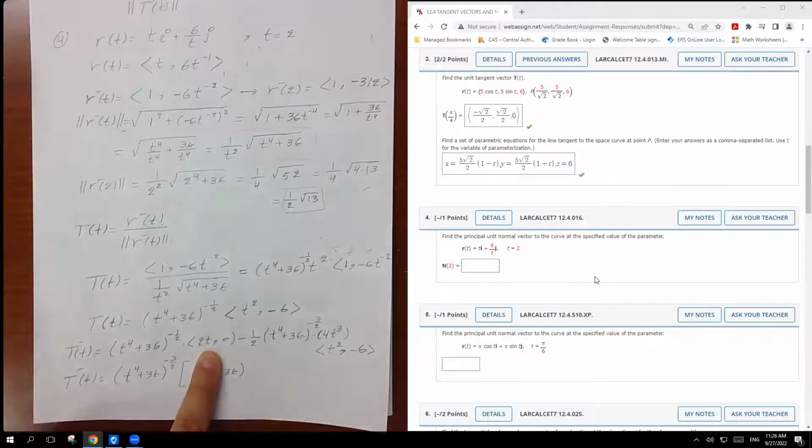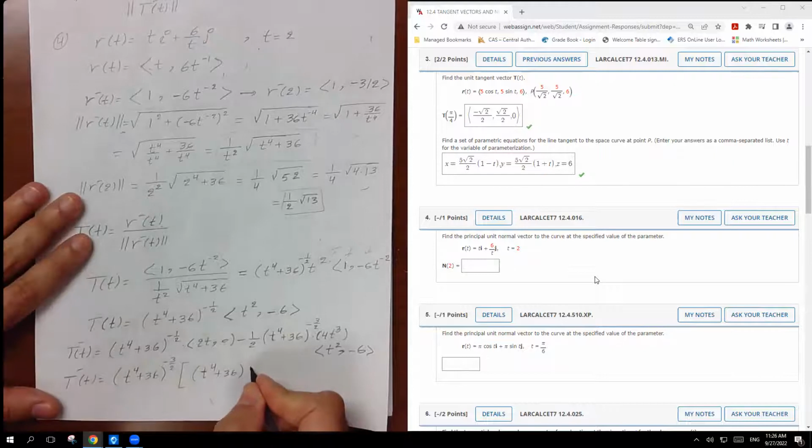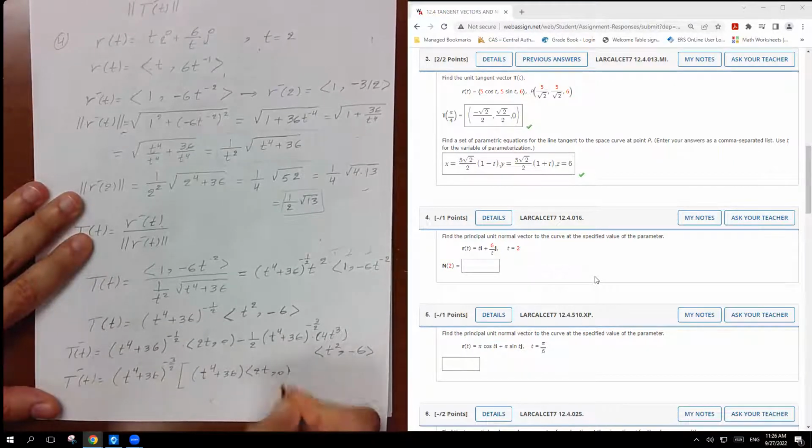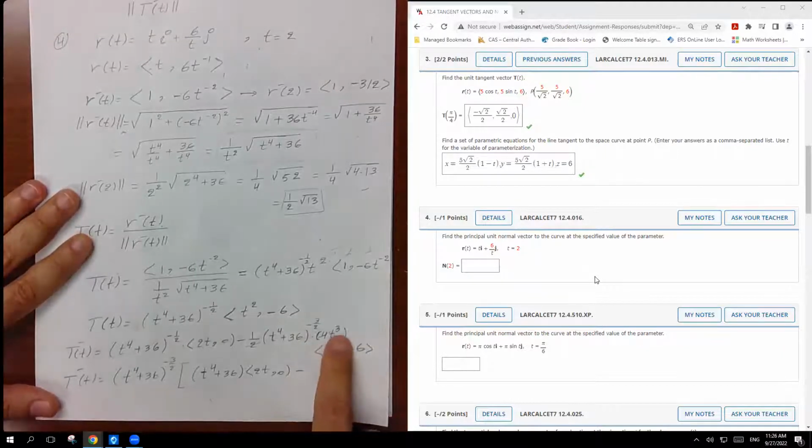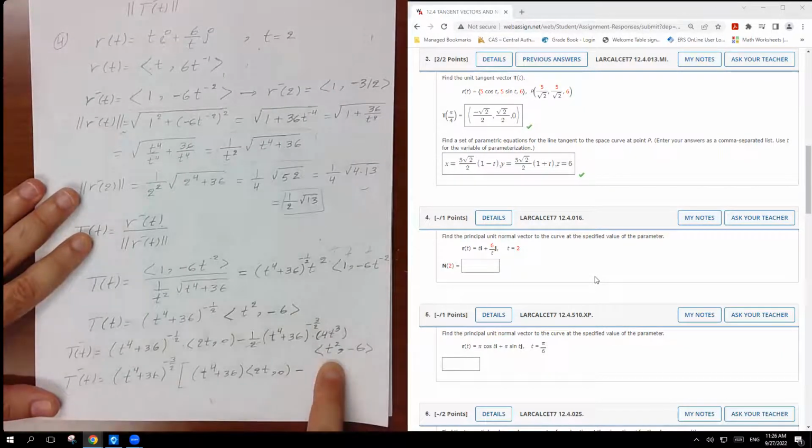And from this side, which is 2t and 0, minus this one cancels with this one. So it's going to be negative 2. And we have 2 cubed here times this one, it's going to be t to the 2 cubed. And we have half here, yes. t squared minus 6.